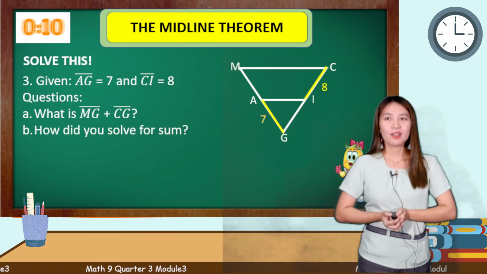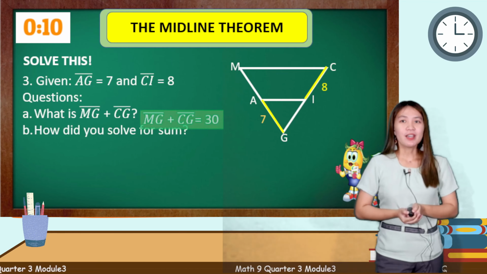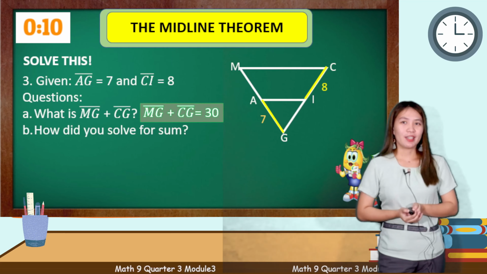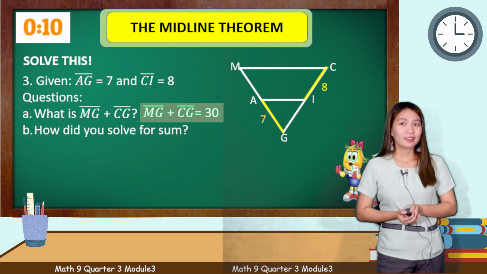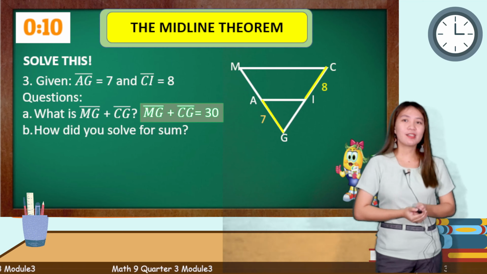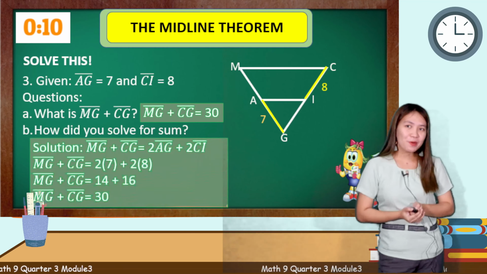Time's up. What is your answer? So, segment MG plus segment CG is equal to 30. Did you get it right? Very good. So, how did you solve for the sum? Are your solutions the same as this one?